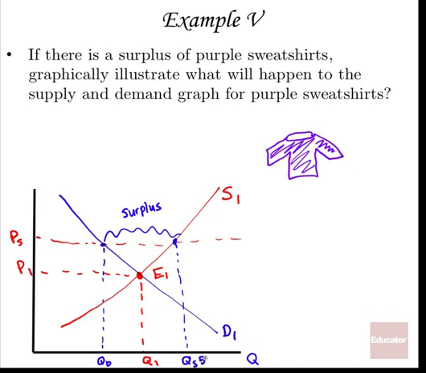Let's say this number is 500, this number is 400, and this number is 300. So what's going to end up happening is that there's going to be a surplus of QS minus QD. At the higher price, suppliers are going to be more excited to sell than buyers are going to be excited to buy. And so you're going to have a surplus of 200 purple sweatshirts.